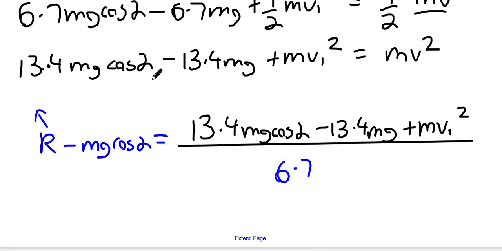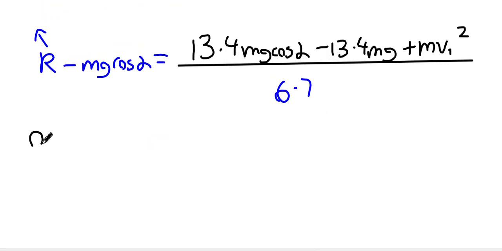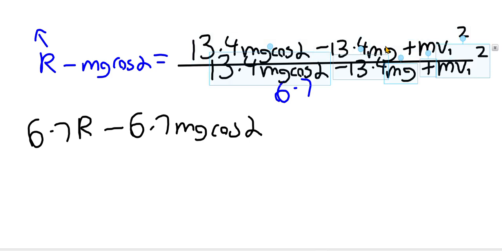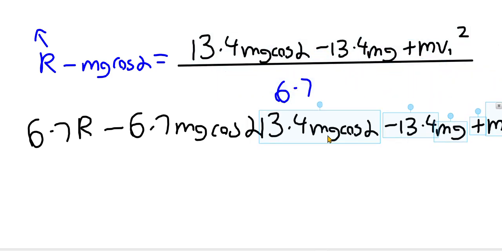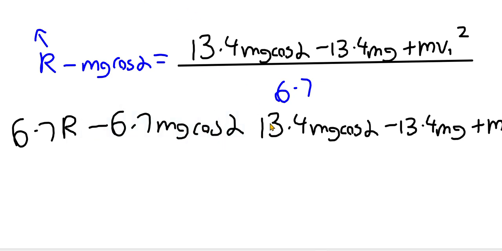I'll cross multiply up to 6.7 temporarily to get 6.7 R minus 6.7 mg cos alpha, equals all of that again. They all equal each other, okay?